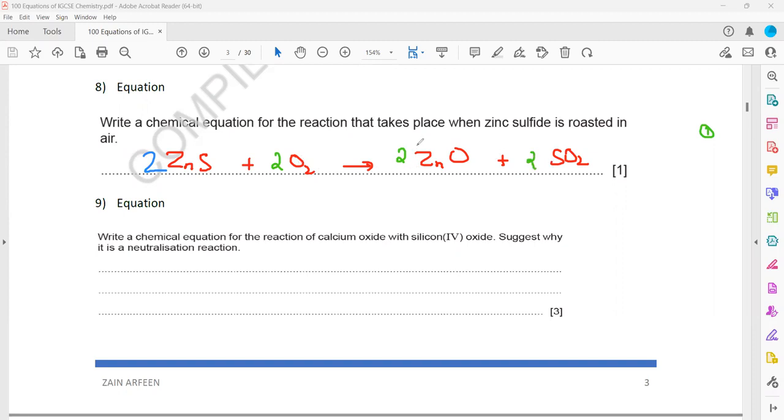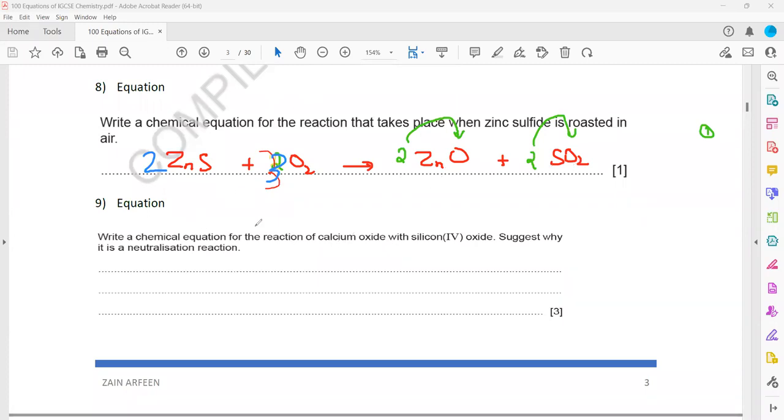This is 2 oxygen, this one is 4 oxygen, so 6. We have to make it 6 oxygen. How can we make 6 oxygen? By putting 3 here. So oxygen will be balanced. Is it clear? So it is 2ZnS plus 3O2 gives 2ZnO plus 2SO2.